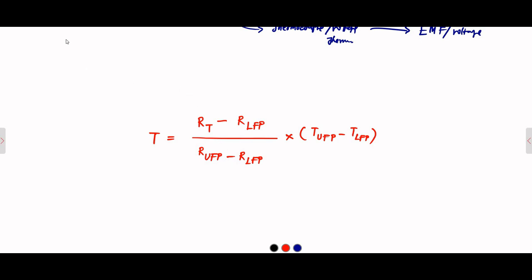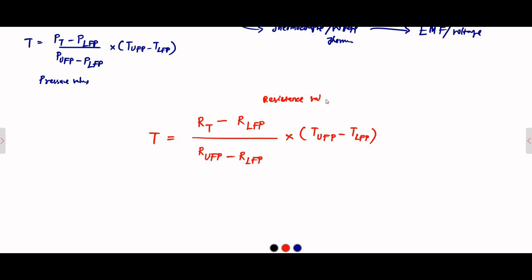So if you remember, in constant volume gas thermometer we did the same for pressure, where temperature was measured as Pt minus PLFP by PUFP minus PLFP into TUFP minus TLFP. So here the same thing is done but with resistance readings. There the pressure values were used, here the resistance values are used.